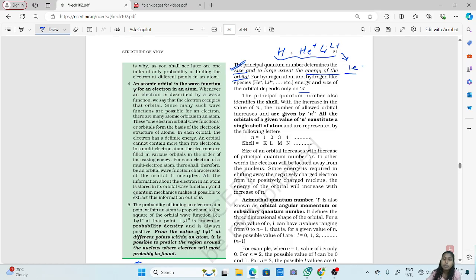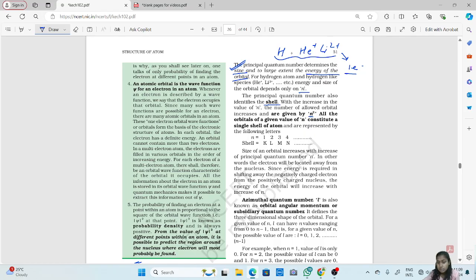Now the principal quantum number also identifies the shell. Now what is a shell? With the increase in the value of n, the number of allowed orbitals increases and is given by n square. All the orbitals of a given value of n constitute a single shell of an atom and are represented by the following letters.